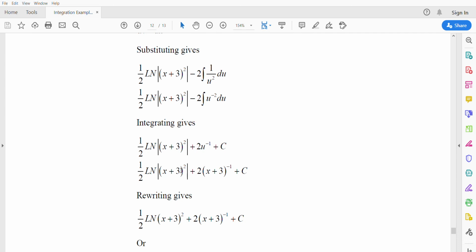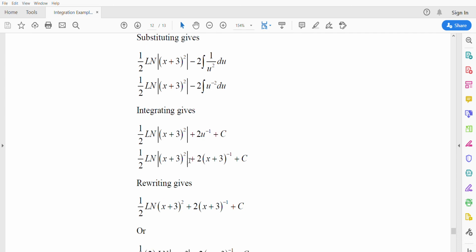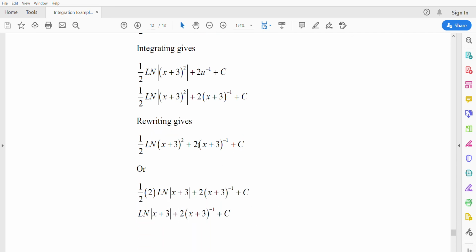Now if I rewrite this, since x plus 3 squared is always positive, I can get rid of those absolute values. And I can rewrite this as 1/2 times the natural log of x plus 3 squared plus 2 times x plus 3 to the negative 1 plus a constant. Or I could do the following. I could bring the exponent of 2 down in front as a coefficient.